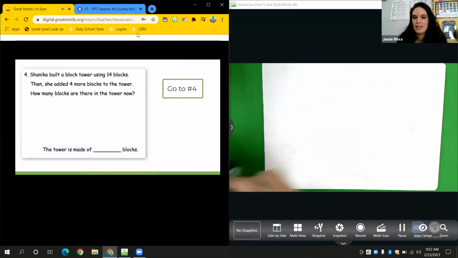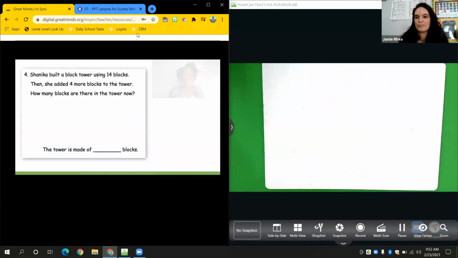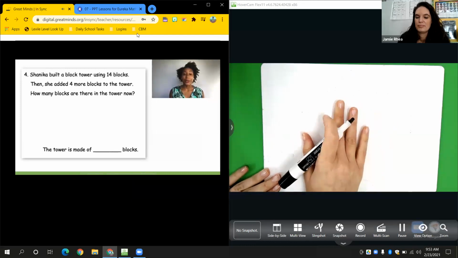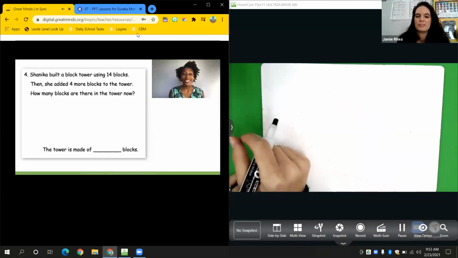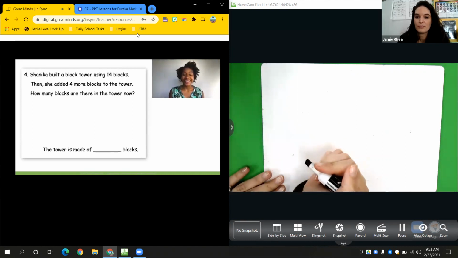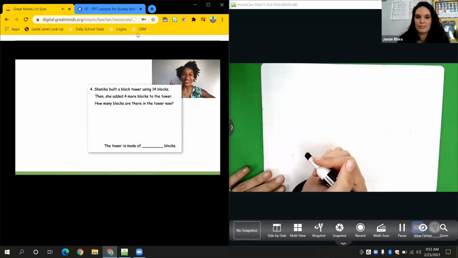Okay, here we go. Listen as I read our first word problem. Shanika built a block tower using 14 blocks. Then she added 4 more blocks to the tower. How many blocks are there in the tower now? Before you solve, we're going to do some more math detective work.